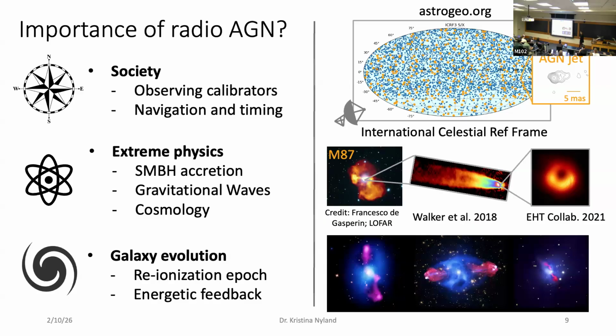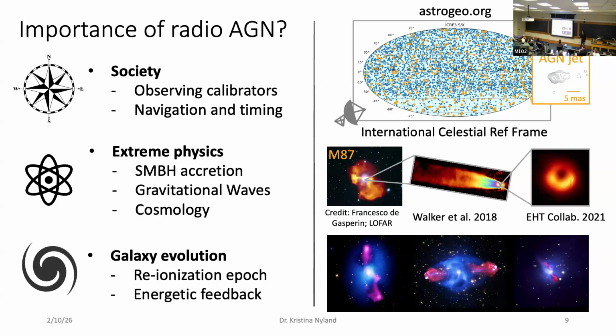Anyway, the last thing I wanted to mention was galaxy evolution. I started out my interest in AGN from the perspective of studying galaxies as a grad student. AGN are thought to be really important for galaxy evolution. They generate energetic feedback. These are some examples of energetic feedback in action. These are maps showing radio in pink and X-ray emission in blue, except this one, sorry, the radio emission's flipped in this one, I guess it's red.